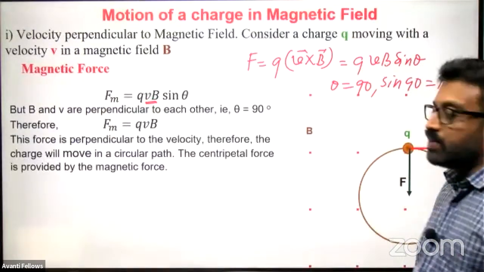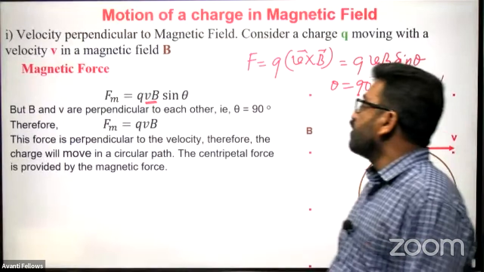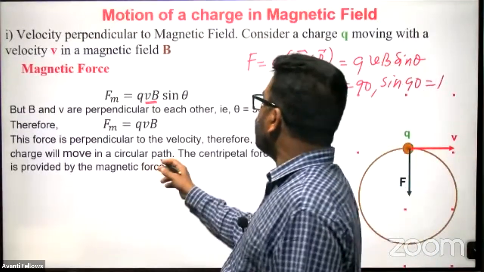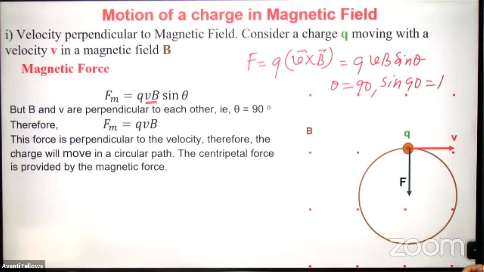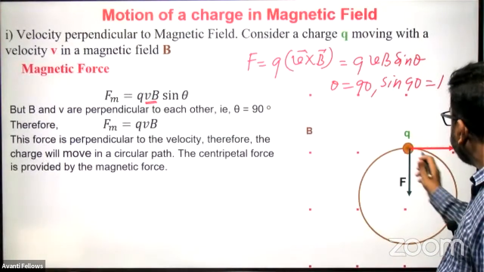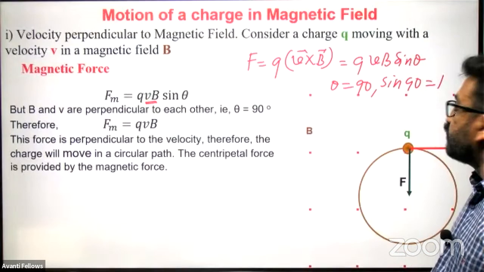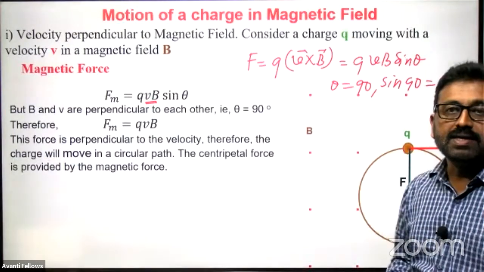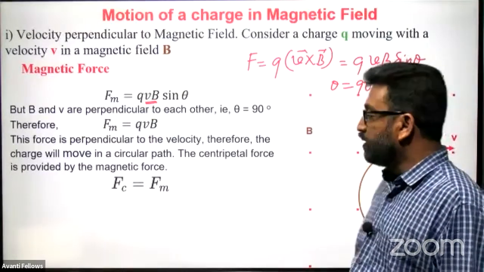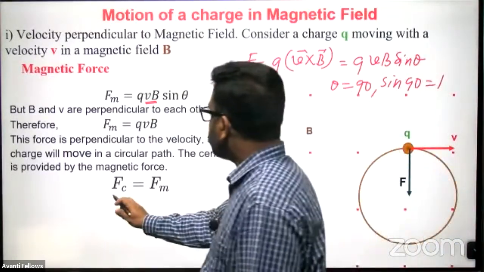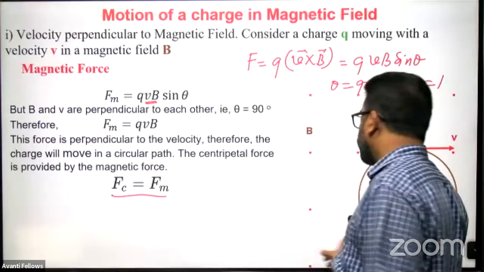The force is perpendicular to the velocity. Therefore, the charge will move in a circular path. If it is moving in a circular path, the centripetal force will be provided by the magnetic force. So the centripetal force is equal to F_m, the magnetic force.